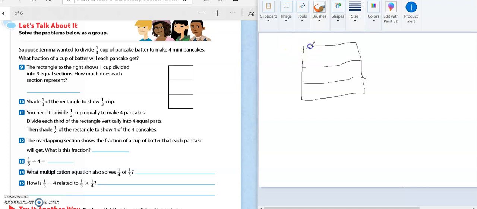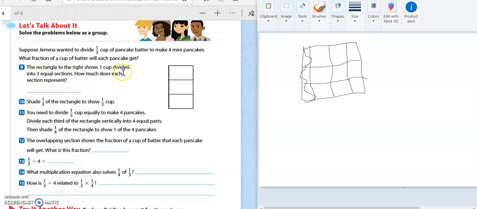So what we would do is we would divide that up. 1, 2, 3, 4, and I'm sorry that they're not completely even. So what we would do is we would shade in 1/3 of the rectangle to show 1/3 of a cup. So I'm going to shade in 1, 2, 3. Okay. So number 9 is going to be 1/3.